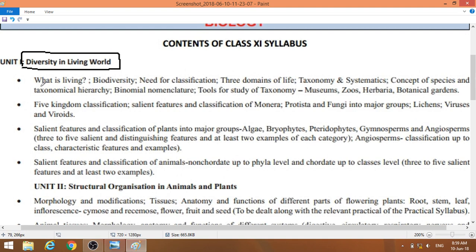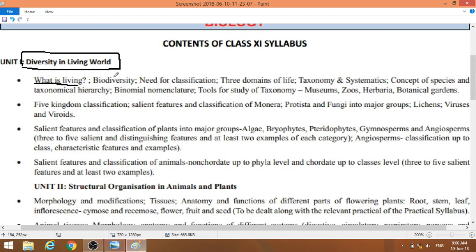The basic biology, the living world, the living organisms, plant, animal, etc., and classification thereof. So what it tries to make you understand is the world of biology, the world of living. The first question which comes here is, what is living?